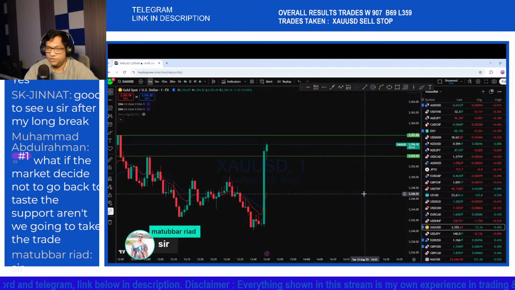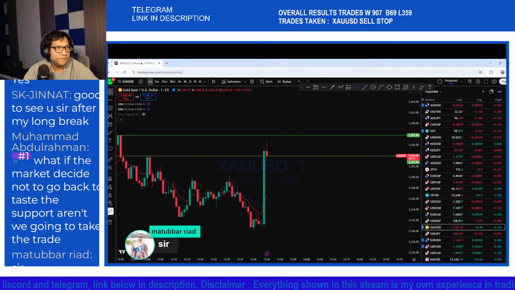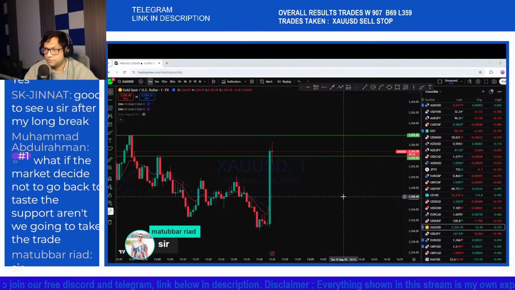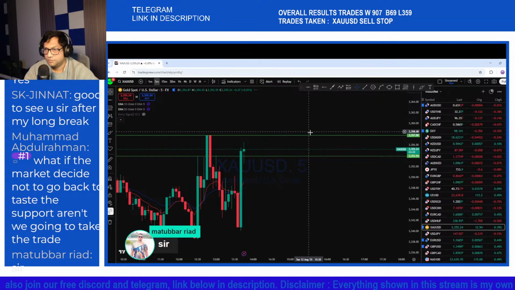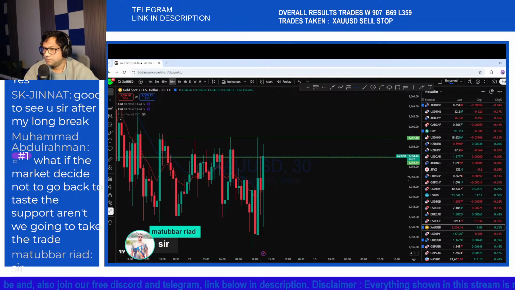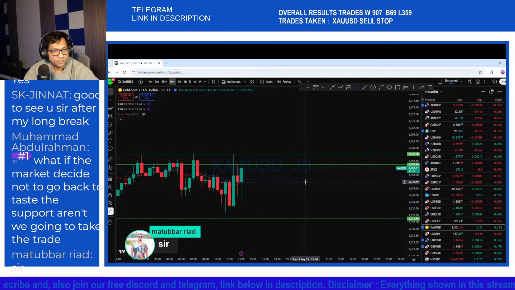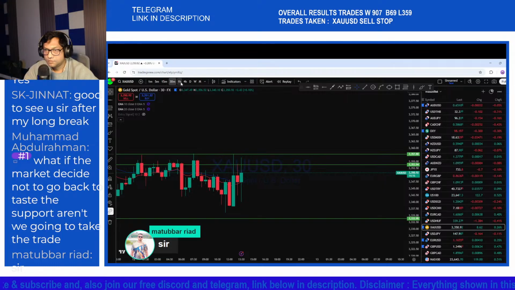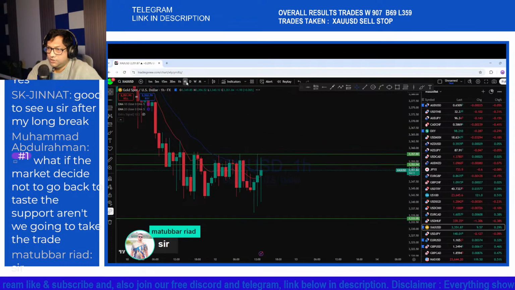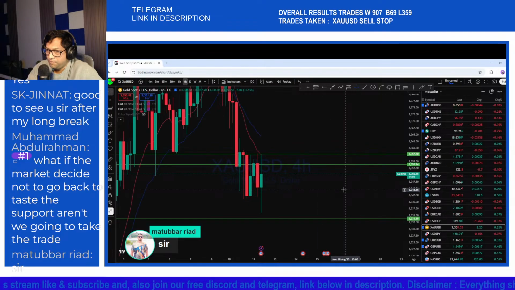There is a big bounce back to the upside here. And okay, so on the 1 hour candle before the 4 hour, there is a complete jump back to the upside here.